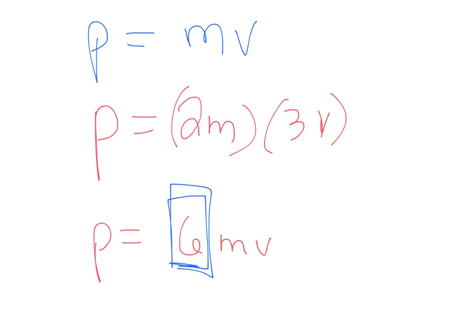What about this one? The mass of an object triples and the velocity is cut in 4. Find the net change in the object's momentum. Again, write it down, or do the math right now at least. The mass triples and the velocity is cut in 4.